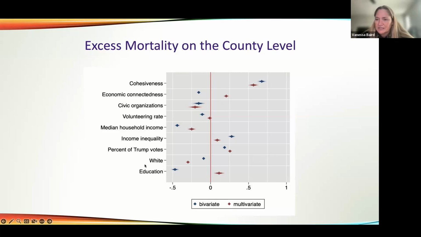That's an interesting thing, but when you're doing this kind of analysis, you have to force yourself to think that the effect of Trump here is not necessarily about what Trump voters are doing. All right.